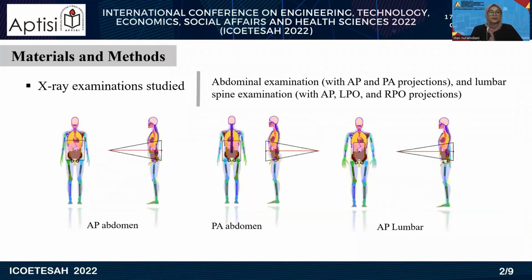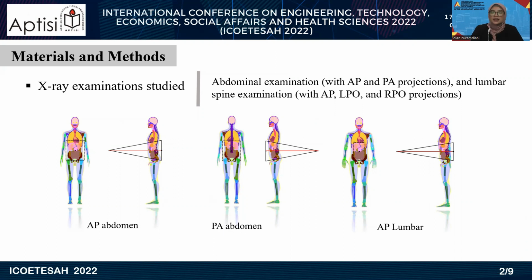Material and method. The X-ray examinations investigated in this study included abdominal examination with AP and PA projection, and lumbar spine examination with AP, RPO, and LPO projection. The following picture shows the direction of the beam in the examination.